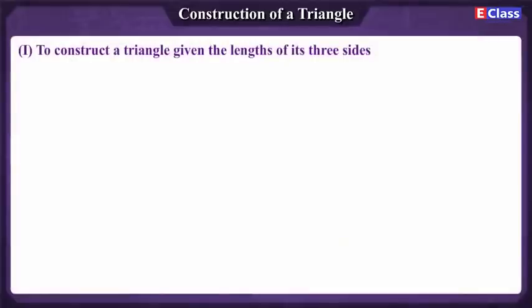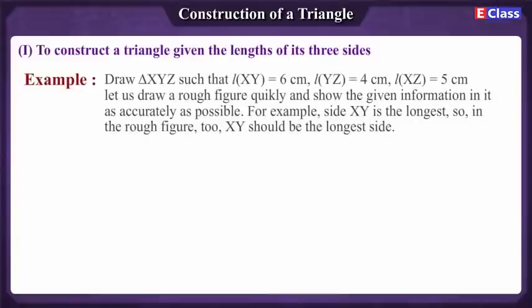1. To construct a triangle, given the lengths of its three sides. Example: draw triangle XYZ such that length of XY is equal to 6 centimeters, length of YZ is equal to 4 centimeters, length of XZ is equal to 5 centimeters.